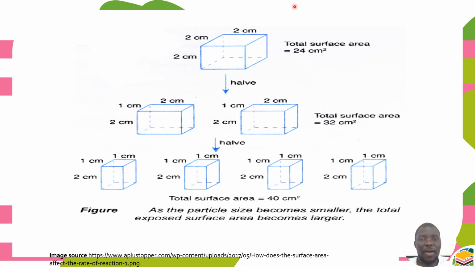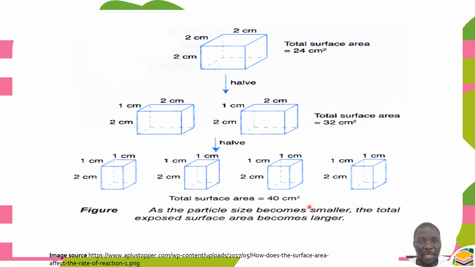First of all, if you have one large solid particle and we check the total surface area, this one has 24 centimeters squared, and if we split it into two, it is going to form 32 square centimeters, and if we split it into four, it is going to form 40 square centimeters. So if we compare the surface area, you might see that if you have a large solid particle, the surface area is small.